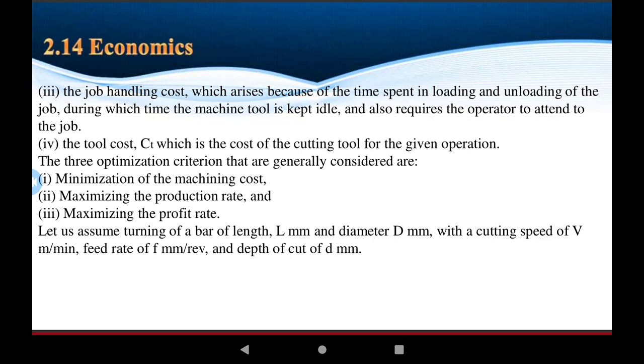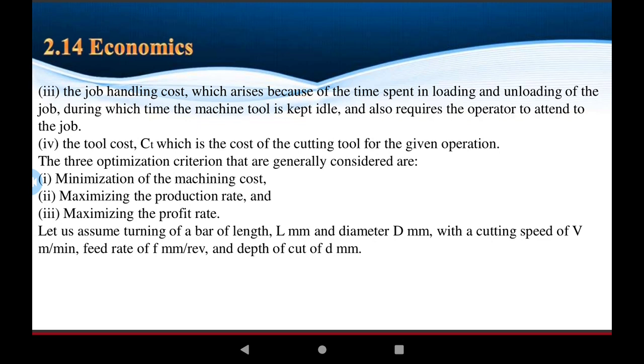These three are the main economics regions in industry. First is the minimization of the machine cost, second is the minimization of the production rate, third is the minimization of the profit rate.